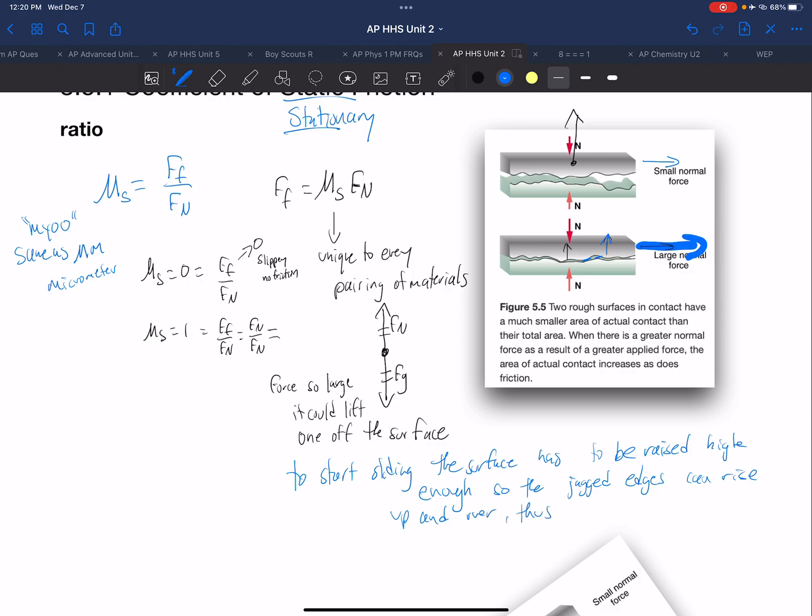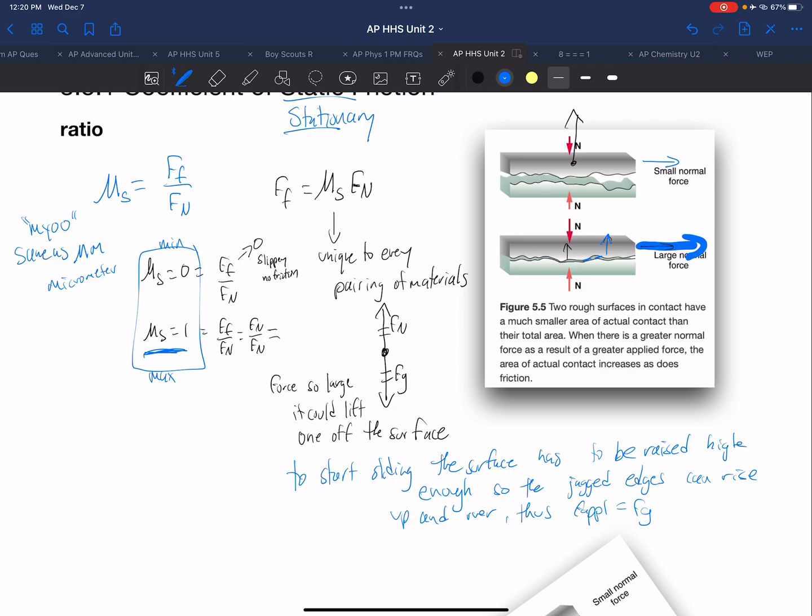Thus, force applied equals Fg. And that's the most it would ever be when there's a coefficient of 1. Now, of course, if the force were greater than gravity, then it would definitely easily pick it up. And so that's why mu's must range between 0 and 1. The minimum value of all mu's is 0, and the maximum value is 1.